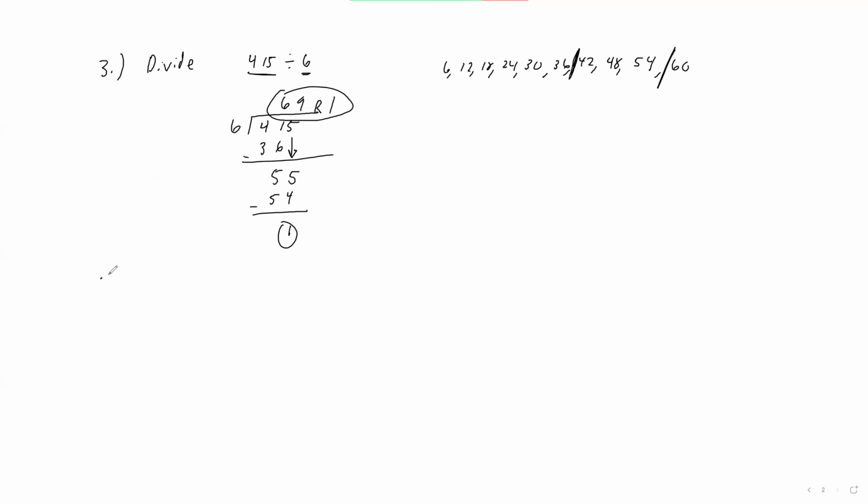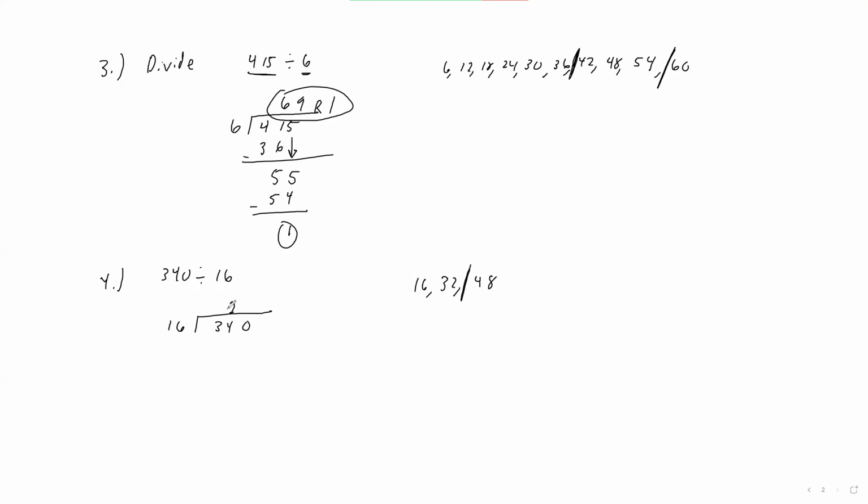All right, let's look at another one. So I have 340 divided by 16. I want to drop the 16, put 340 in the house. Ask myself, all right, 16 goes into 34, so it's 16, 32, 48, and I go, all right, it stops there.